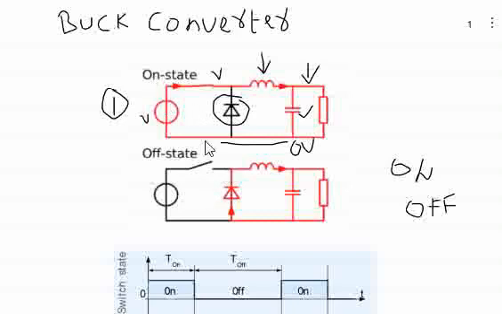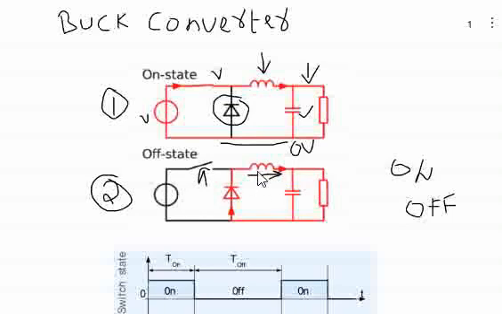Let us assume a scenario when the switch is in off state. This is the second scenario. In this case, the switch is in off state, which means you don't have the input voltage connected. What happens is the inductor which is charged provides the current to the load, thereby the current passing through this loop.